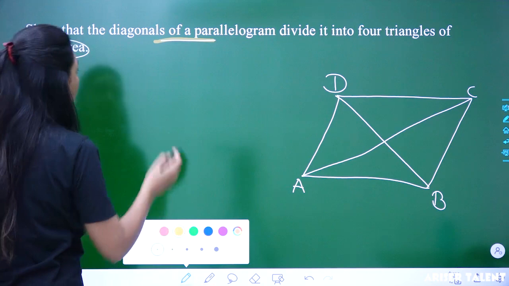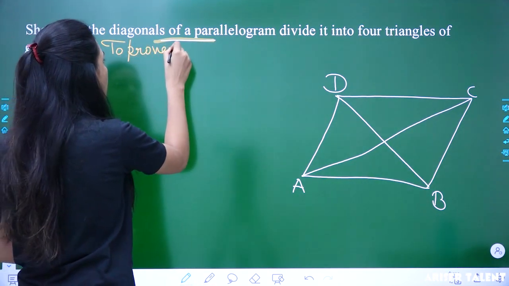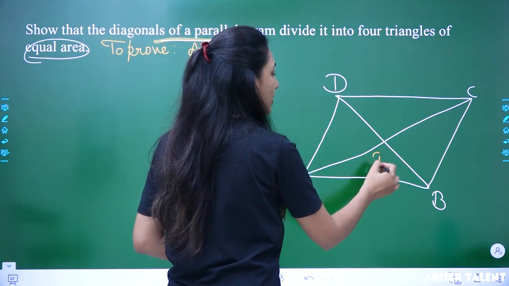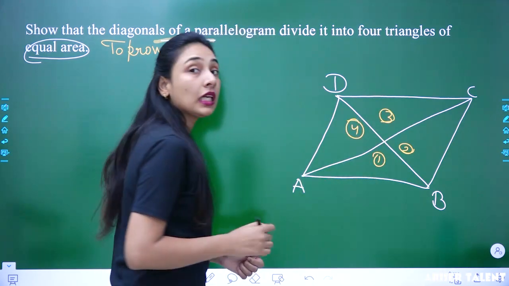Show that it is dividing it into four equal areas of triangles. That means we have to prove that these four areas, this first area, second area, third area and fourth area, are basically equal.